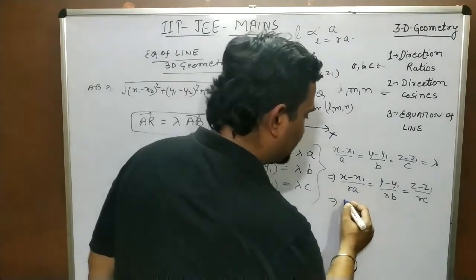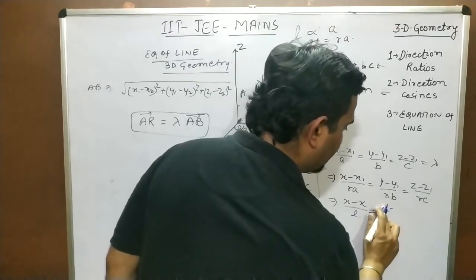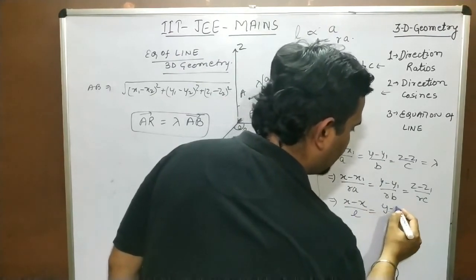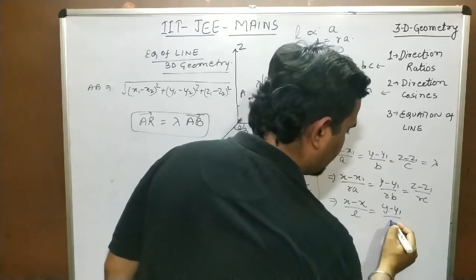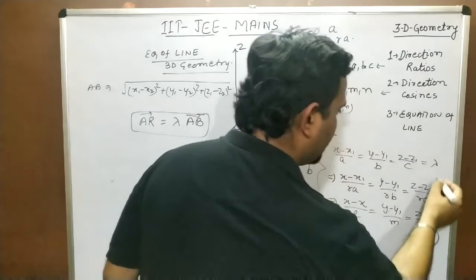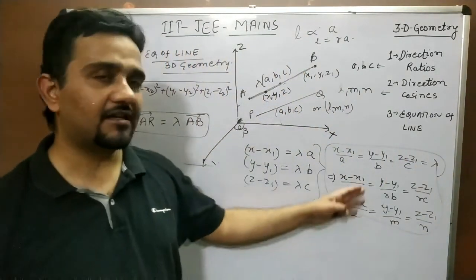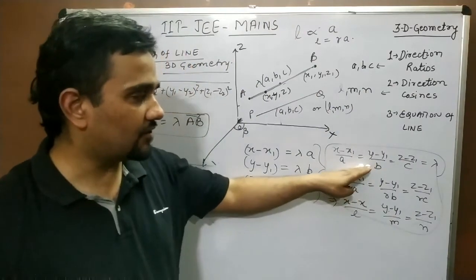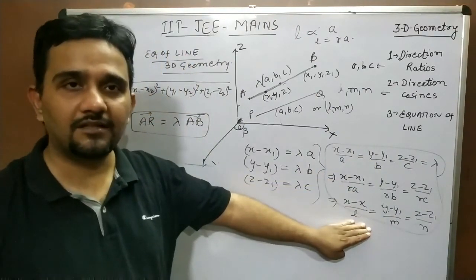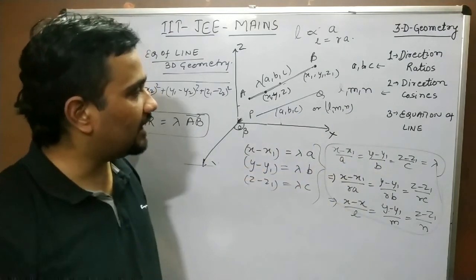Then we can take it as x minus x1 upon L is equal to y minus y1 upon M and z minus z1 upon N. So these are the two formats of the equation of a line, written in the form of direction ratios and then in the form of direction cosines. Understood? So this is all about the equation of the lines.